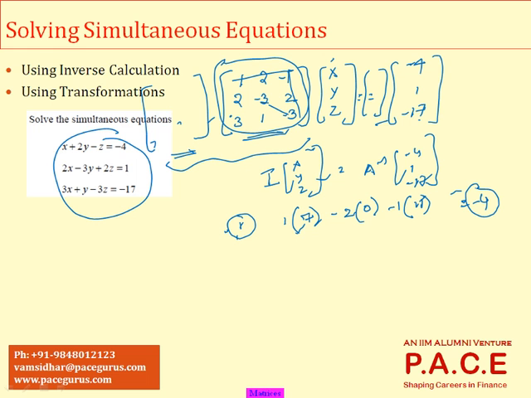Then we are talking about the inverse, which is the second step, wherein I'll do it as 1 by minus 4 into the cofactors. For the first one, 9... oh sorry, for the second, here this was minus 3, so minus 6, minus 6.